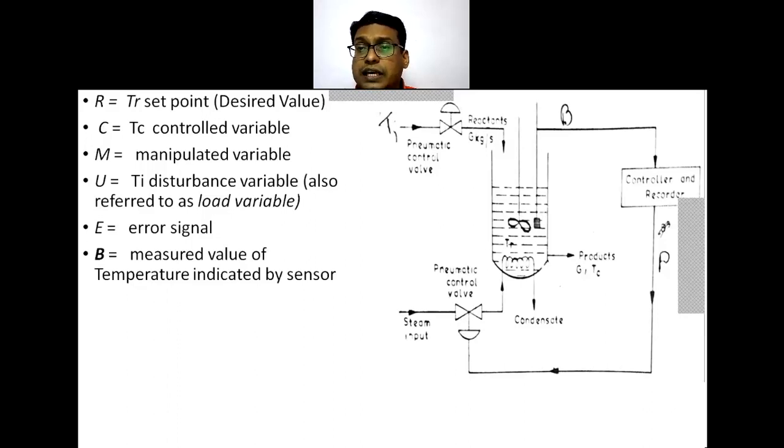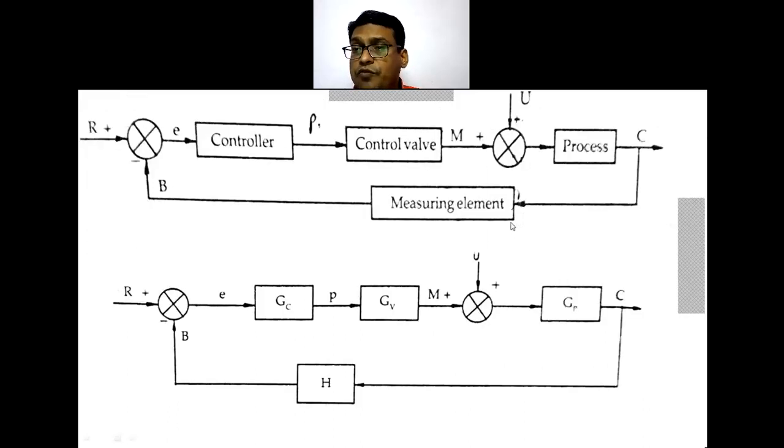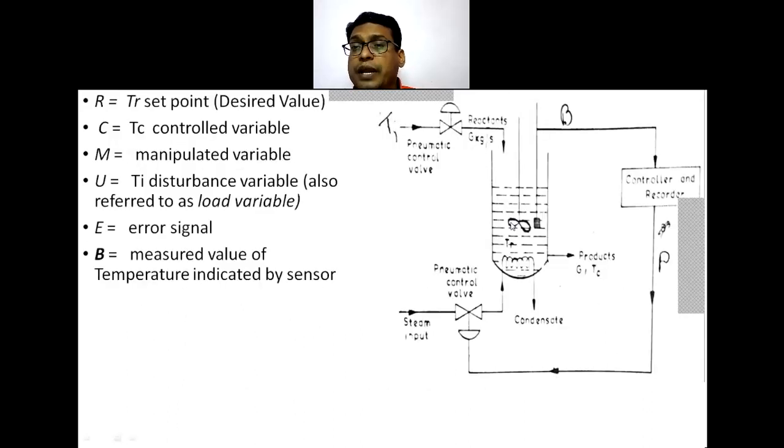Now we are writing all these things into a system for which we are trying to maintain the temperature in a reaction vessel by using steam through the coils. I am going to measure the temperature and it gives the feedback to a controller. This is the measured value handled by the controller.